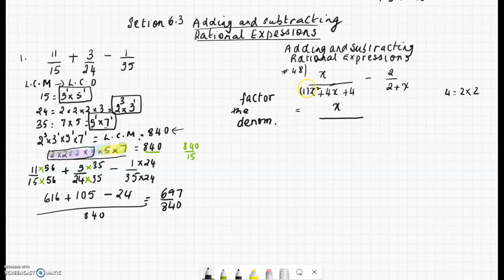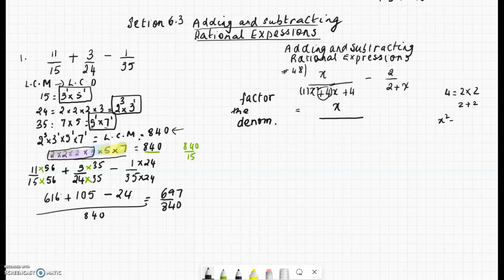So we multiply the coefficient of x squared with the constant term, so you get 4. Now factor 4 in different ways. 2 times 2 works because 2 times 2 is 4 and 2 plus 2 is the coefficient of the middle term, which is 4.